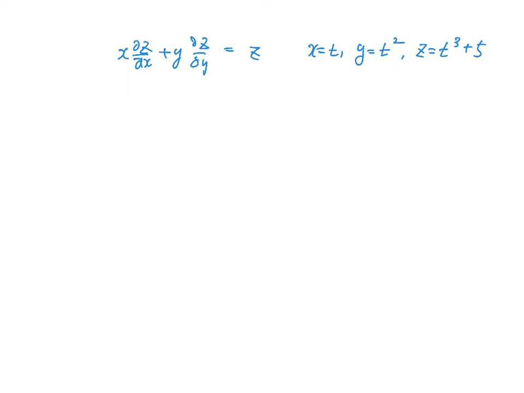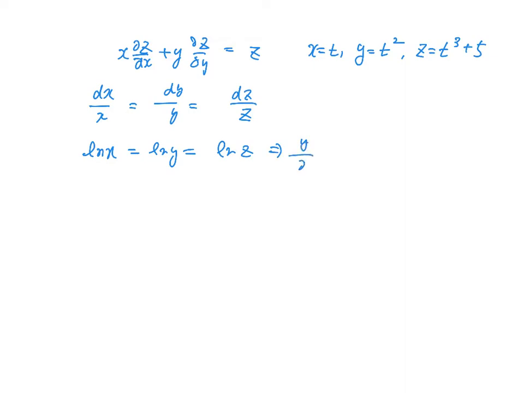The characteristic equation should be dx over x, dy over y, dz over z, right? Or ln x, ln y, ln z. That means y over x is something like v, and z over x is u, you can set.